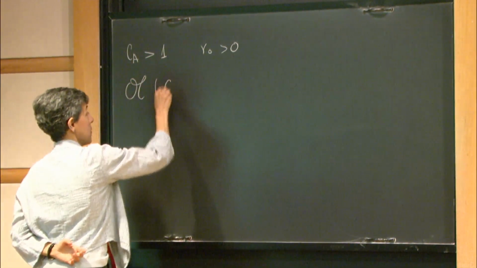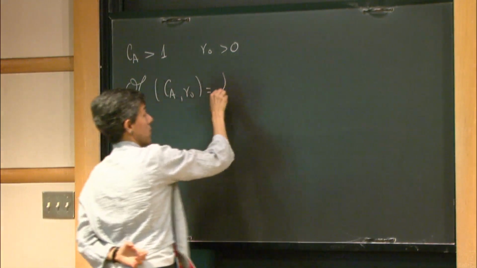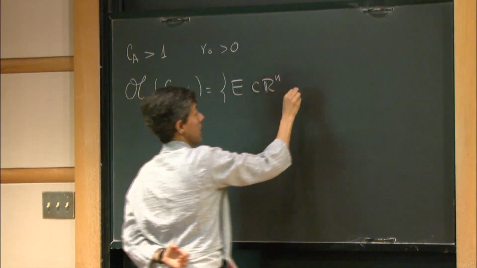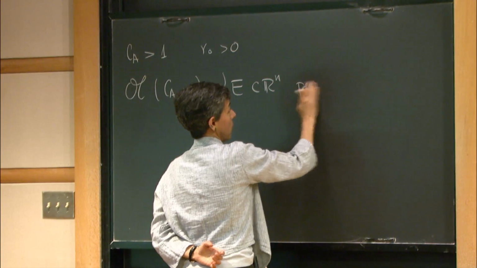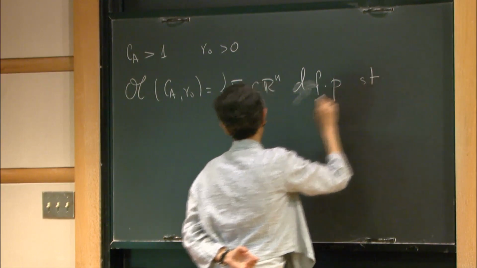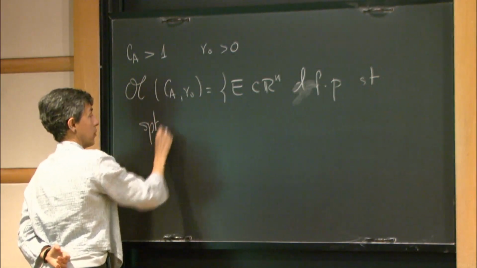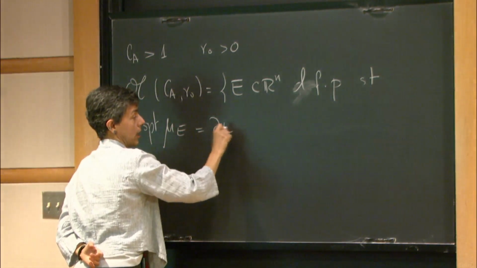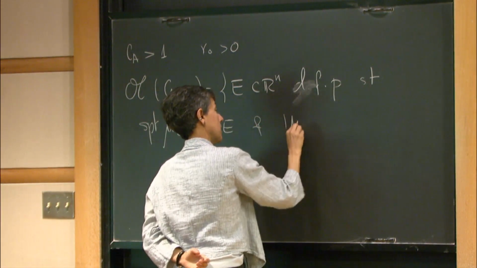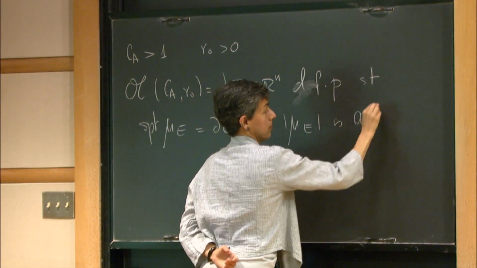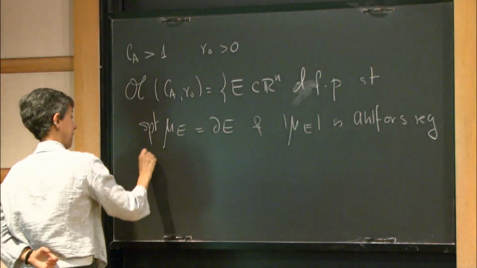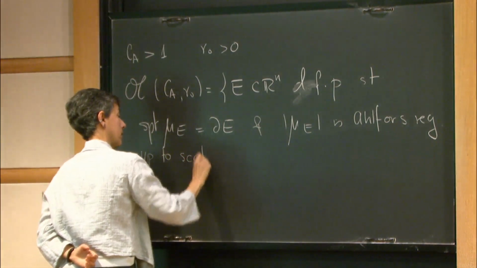So this is A, C of A, R0: the class of sets E in R^n which are of locally finite perimeter, such that the support of the perimeter measure is the boundary of E, and the perimeter measure is Ahlfors regular up to scale R0.